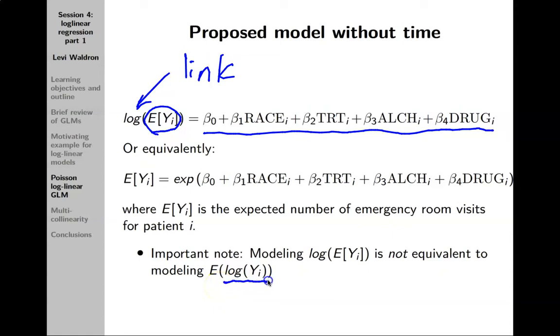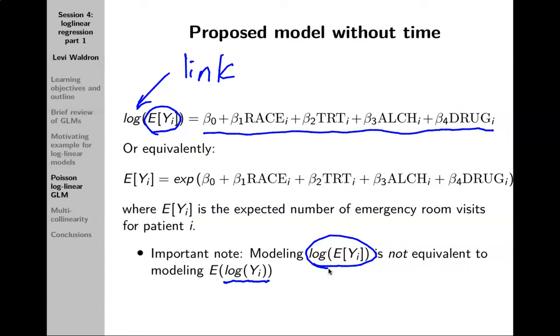This would be an ordinary linear regression after a log transformation of the y value. So it would be like taking a logarithm of your y values and then doing a regular linear regression. This, however, is a link function. So it's a generalized linear model that has a link function other than the identity function.